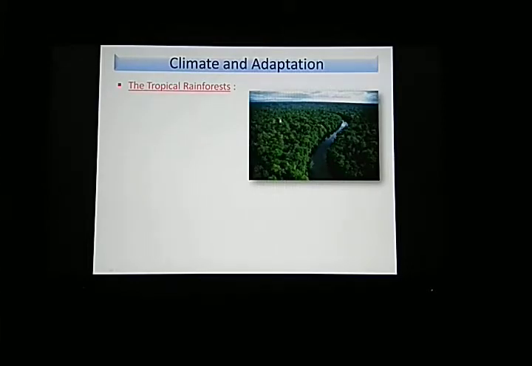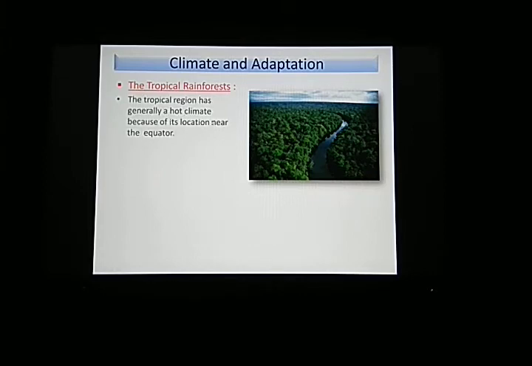In the tropical rainforest, as the name suggests, tropical as well as rainforest, it looks like this. This is the Amazon rainforest, which is one of the largest tropical rainforests in the world. So let us begin.